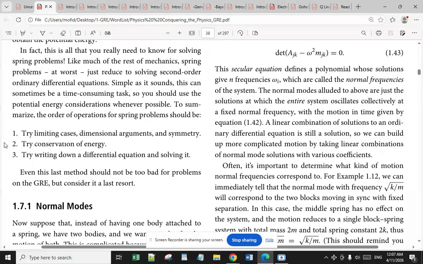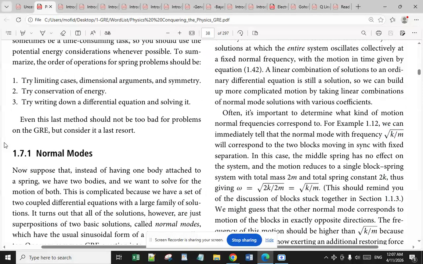Often it is important to determine what kind of motion normal frequencies correspond to. For example, in 1.12, we can immediately tell that the normal mode with frequency square root of k divided by m will correspond to the two blocks moving in synchronization with fixed separation.